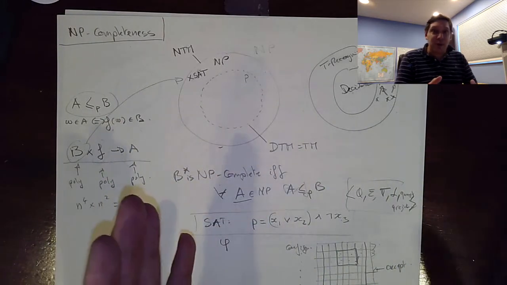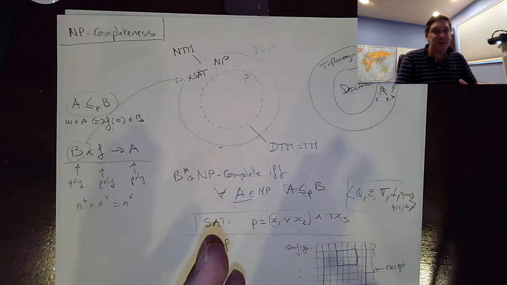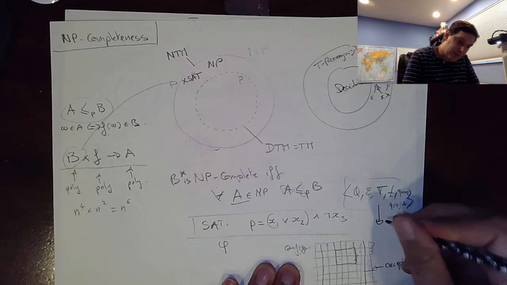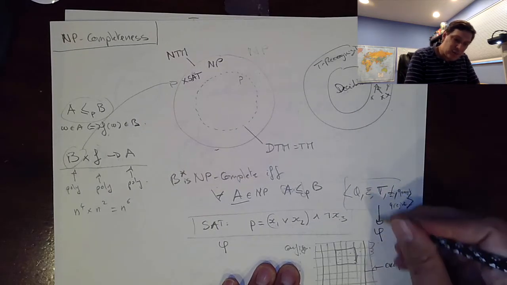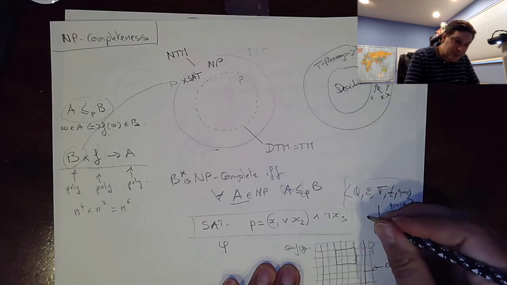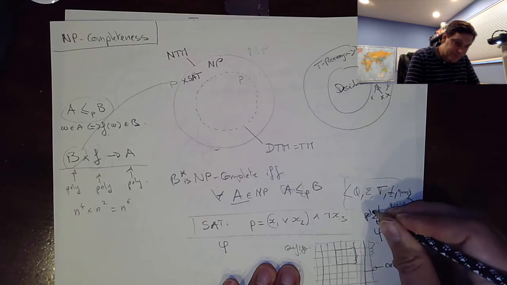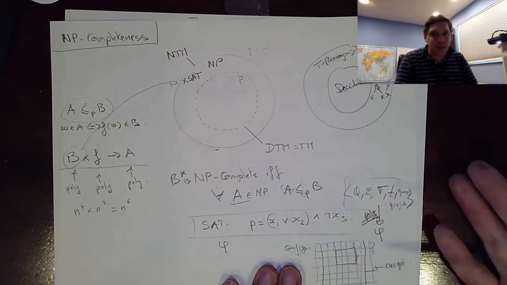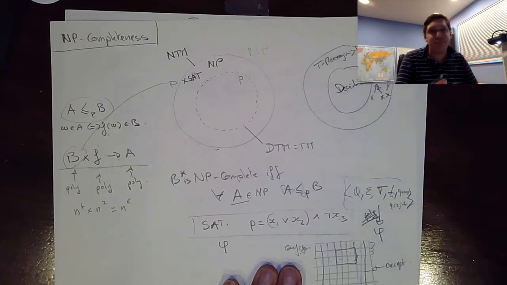It's a huge formula. But once you have the formula and the transformation of the Turing machine into phi, the formula, this transformation is polynomial. To transform it, you can see encoding is always polynomial. It's not going to be a problem.